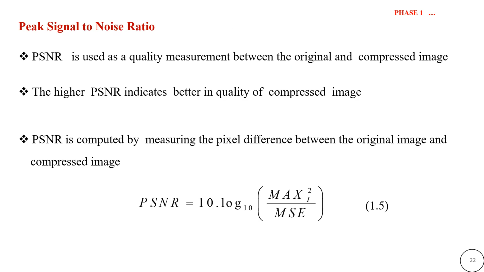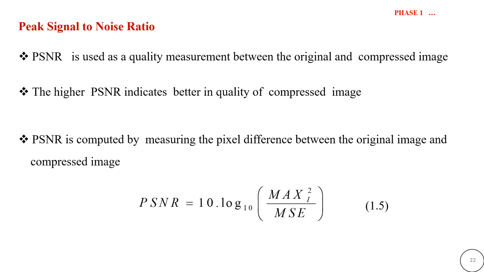Peak signal to noise ratio, PSNR. PSNR is the measure of the peak error. It is usually expressed on a logarithmic decibel scale. PSNR greater than 40 indicates better image quality.